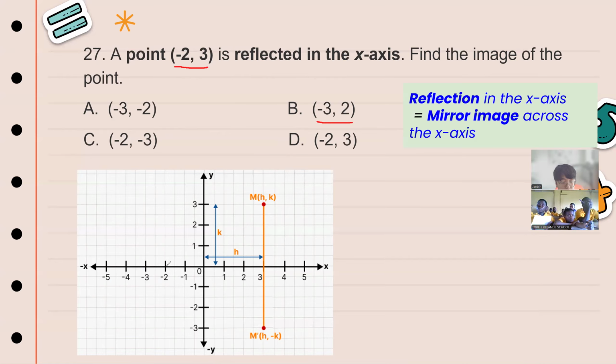So we have a point -3, comma 3. This is this point. Can everyone see this? That is -2, comma 3 on the graph. We want to reflect this across the x-axis. This is the x-axis.